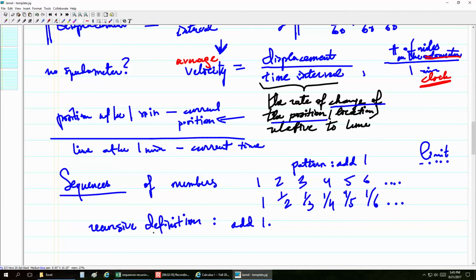Well, we'll discuss this slightly later. The recursive definition for the second will be more complicated. In fact, it's not really very productive, so let's get to this in just a second.